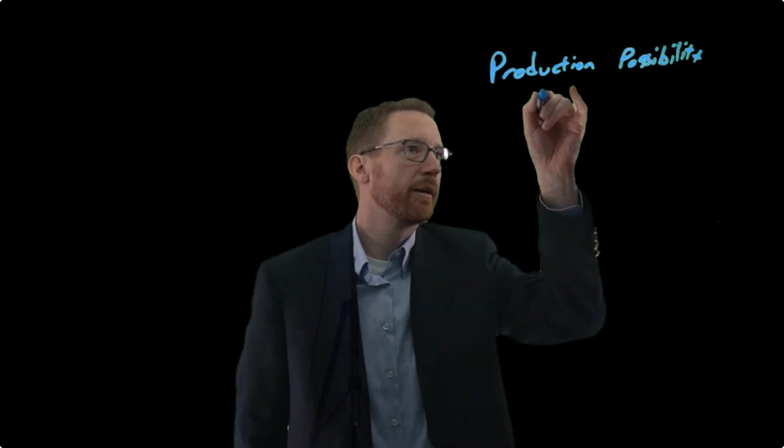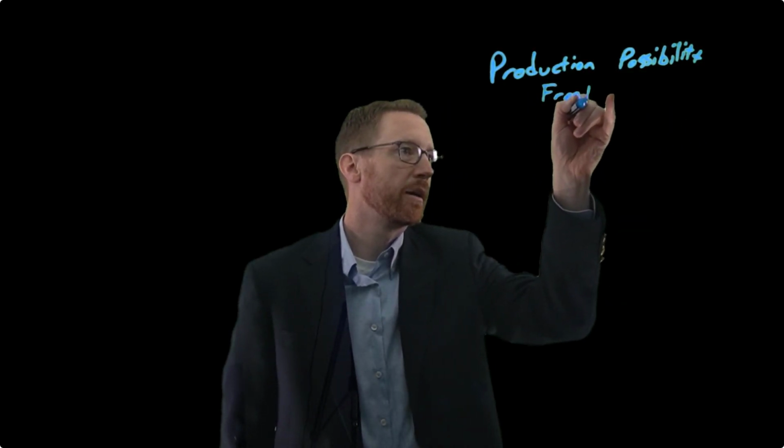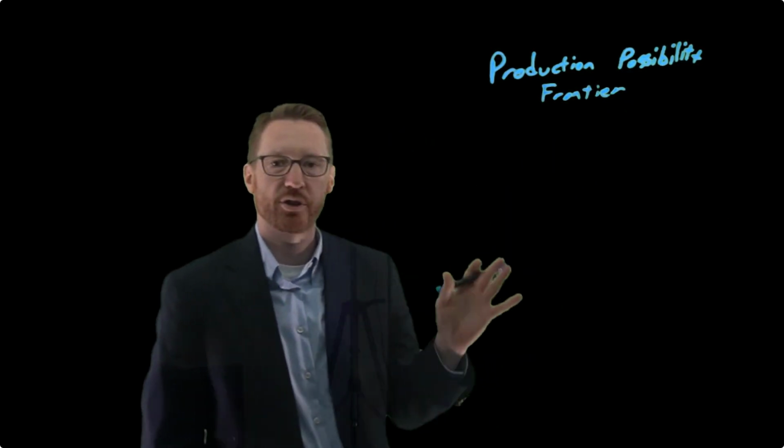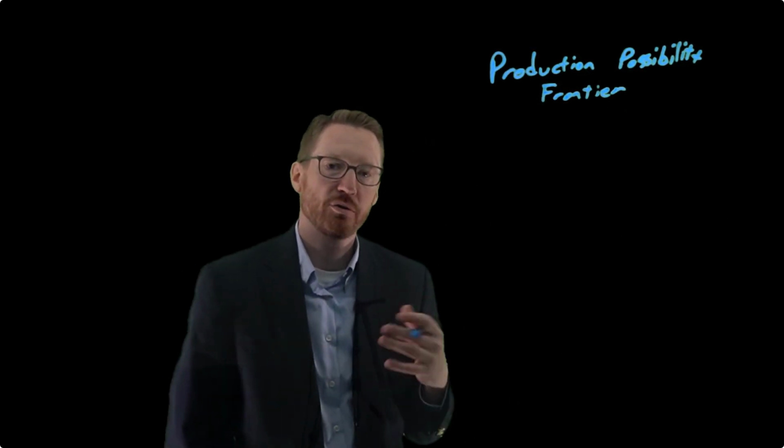So taking a look at the production possibility frontier, this is just a model that shows us trade-offs between two goods, helps us think about efficiency, trade-offs, even opportunity costs.